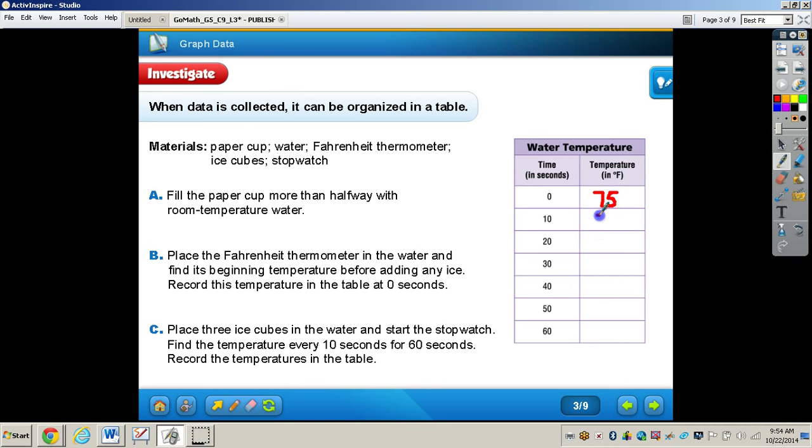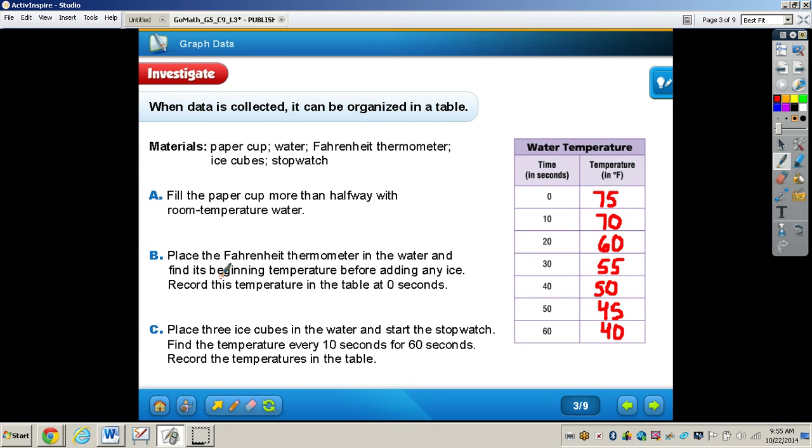And then after 10 seconds it was 70, and then it was 60 after 20 seconds, then it was 55 after 30 seconds, and then after 40 seconds it was 50 degrees. Then after 50 seconds 45 degrees, and then after 60 seconds, let's say the water was 40 degrees. So you can see the data that is in our table.